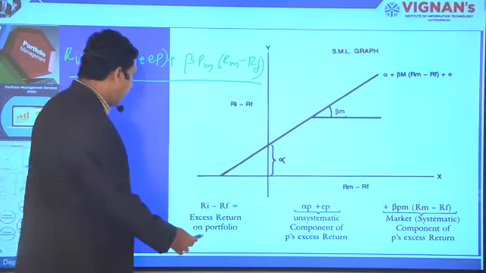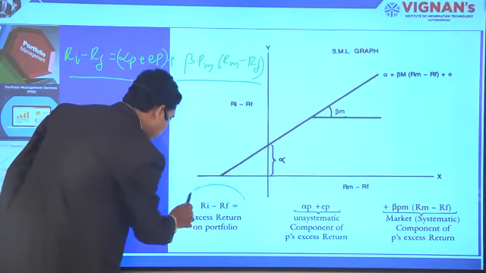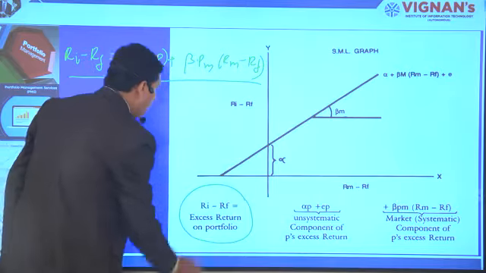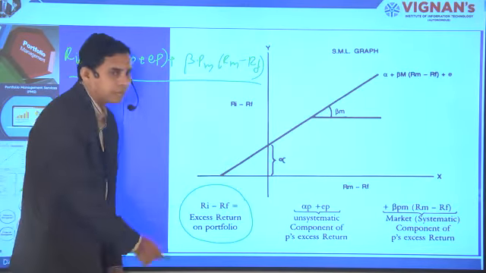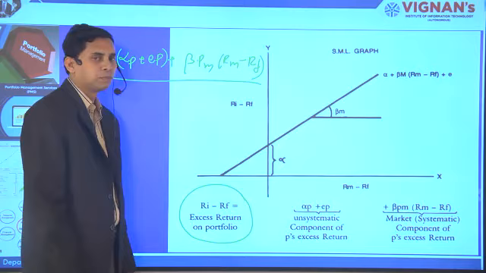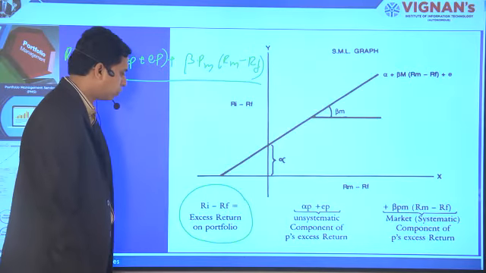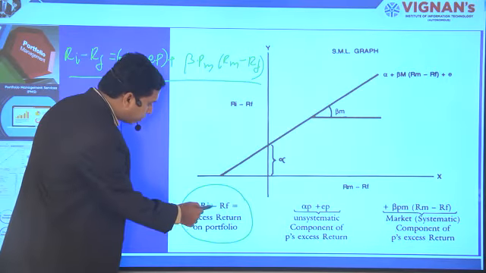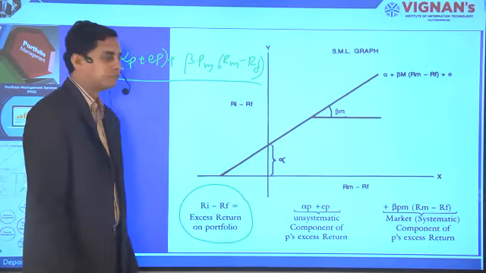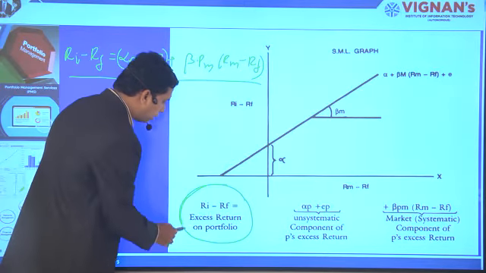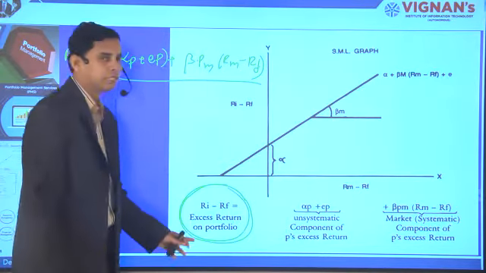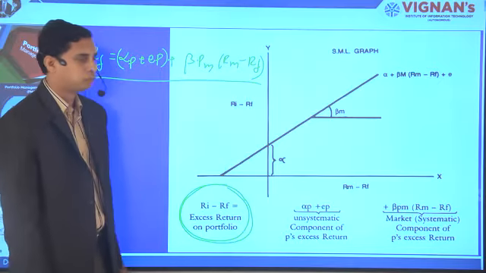Now the excess return on portfolio is Ri minus Rf. Ri is the return of a security, and in the case of a single index portfolio, it is the return of a portfolio. Return of a portfolio minus the return of the risk free asset is the absolute return in the portfolio, known as the excess return on portfolio.